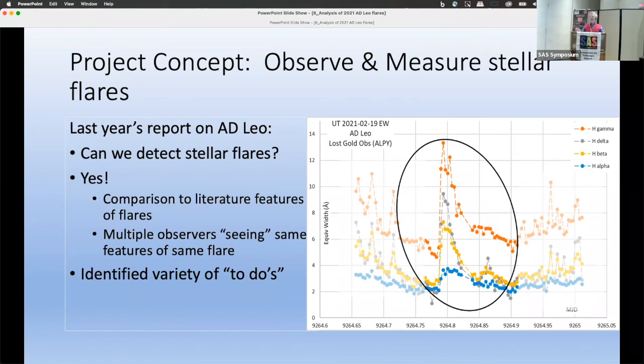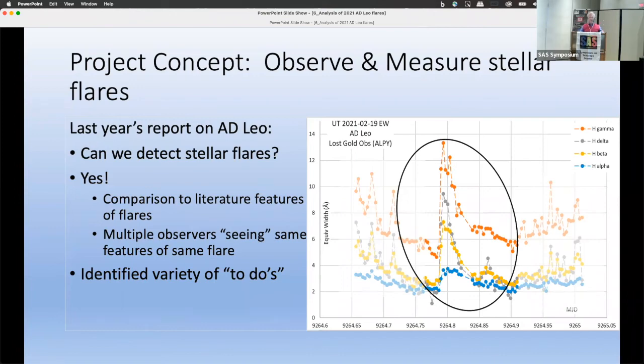It was also validated by the fact that the parameters and effects we were seeing, as Woody described, are very similar to those you find in the professional literature on stellar flares. We also identified some things that we wanted to do with our data now that we believed we were really seeing something, and that had not been done then.